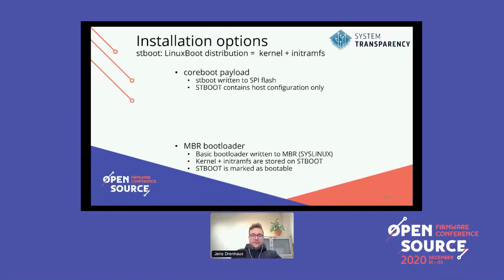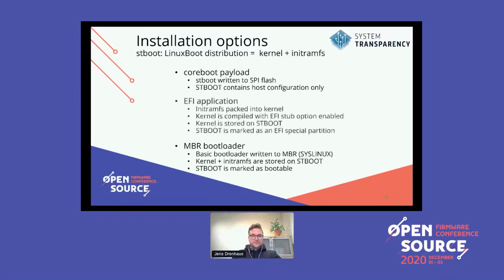Last but not least, there is a third installation option for UEFI systems. In this installation option, the Linux boot kernel and initramfs are bundled and compiled with the EFI stub kernel option enabled, and once again stored on the stboot partition. Additionally, the stboot partition is marked as an EFI special partition.